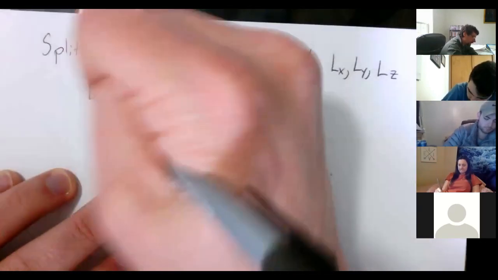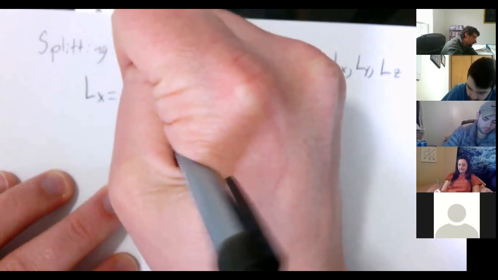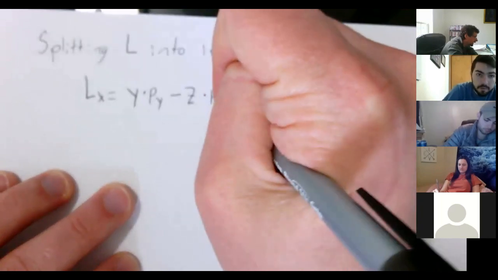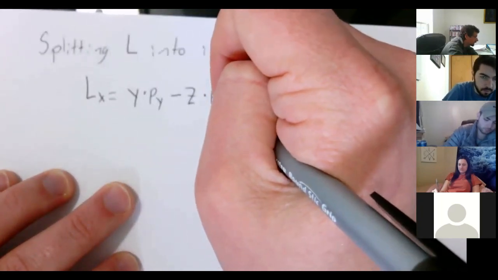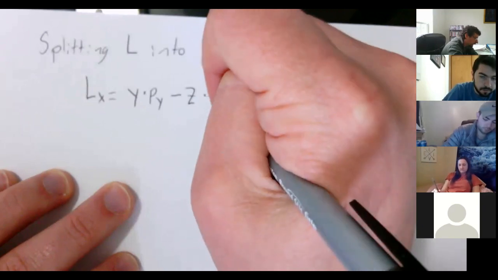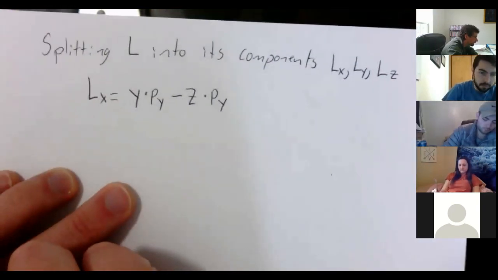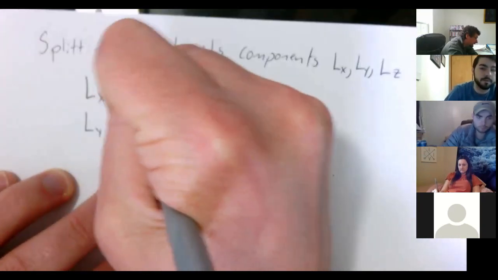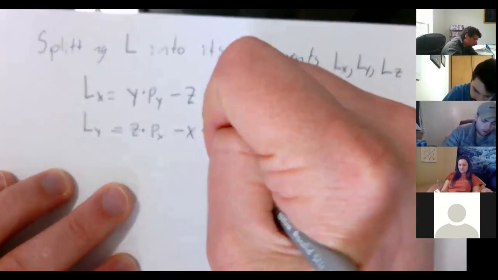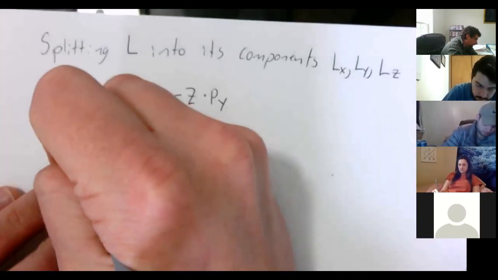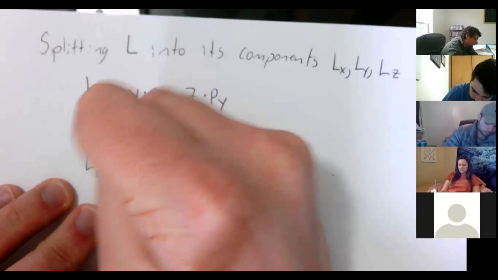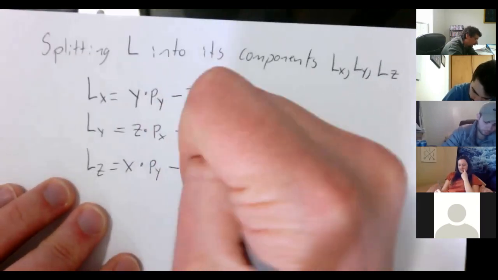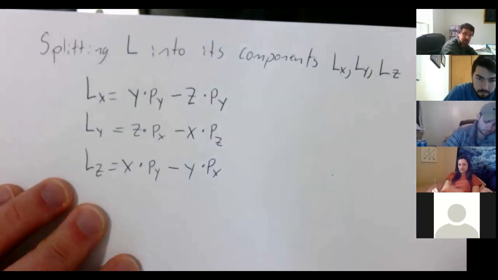Lx, since it's a cross product, is Y times momentum in Z minus Z times momentum in Y. Then we have L sub Y, it's Z times Px minus X times momentum in Z. Lz is X times Py minus Y times Px.